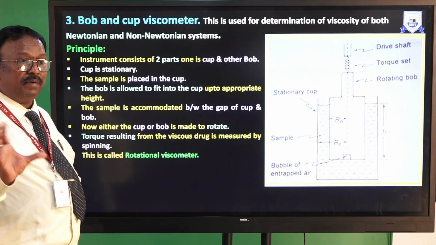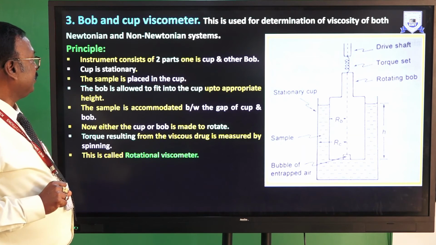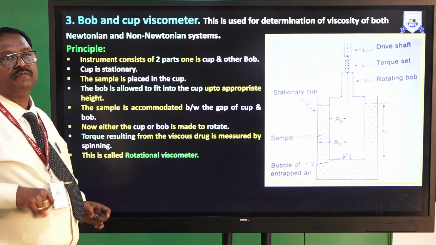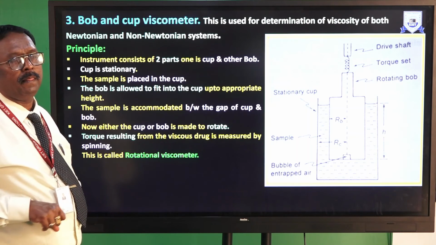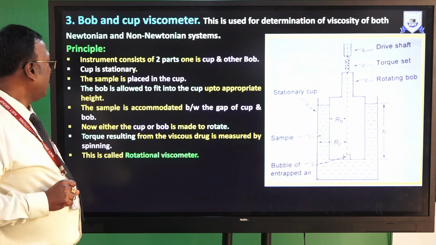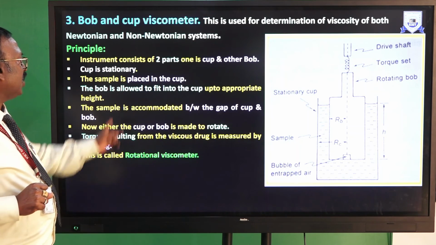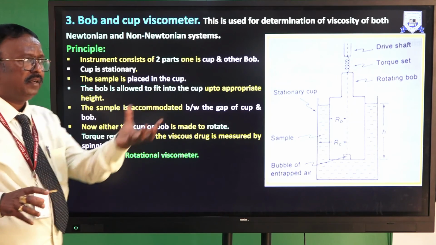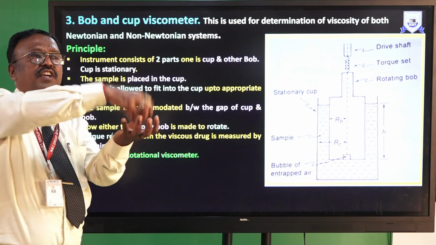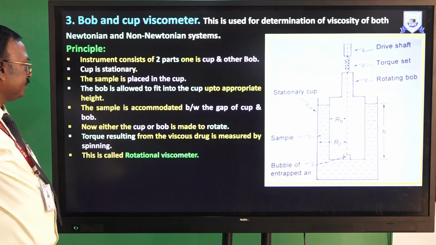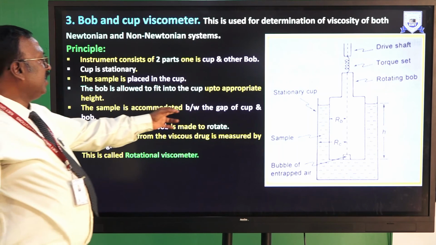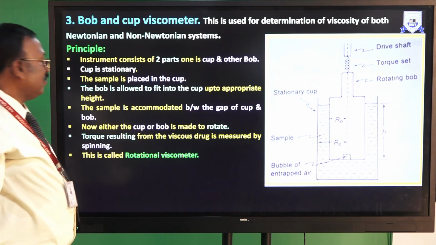In this case, the cup is stationary, and whatever sample is to be subjected to viscosity determination is placed in the cup, and the bob is allowed to fit into the cup at an appropriate height. The sample is accommodated between the gap of cup and bob.